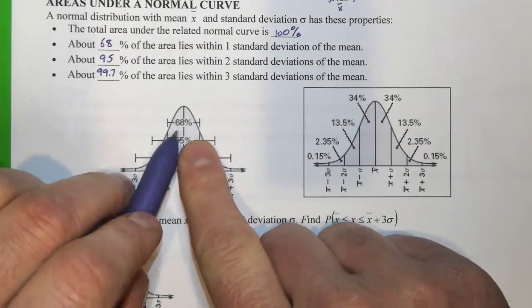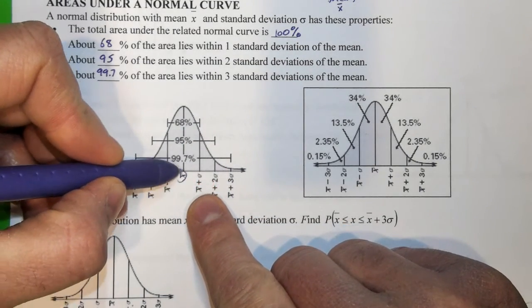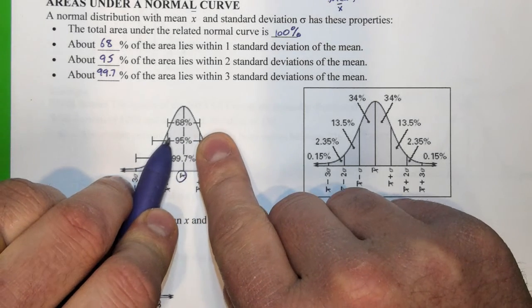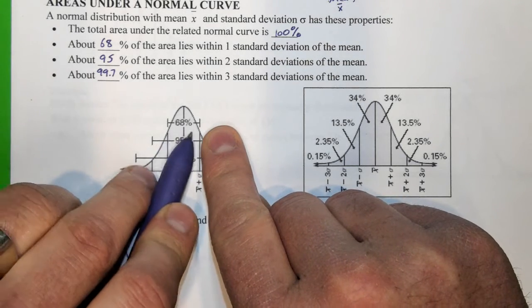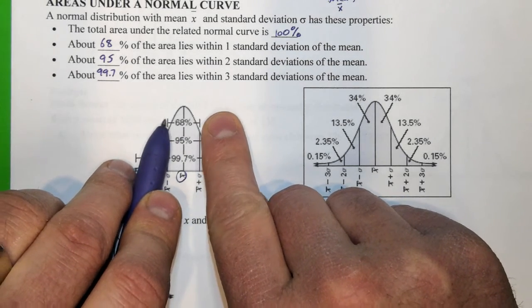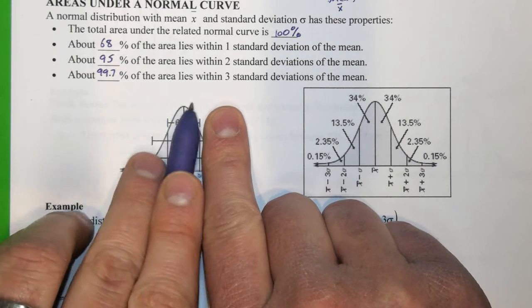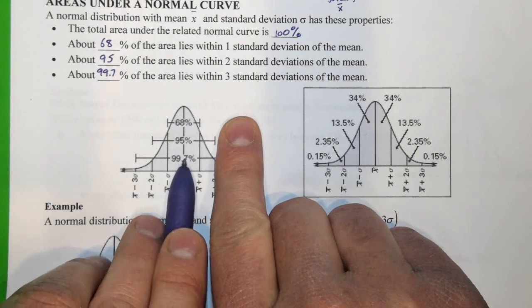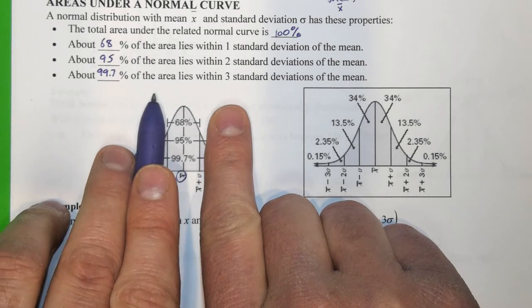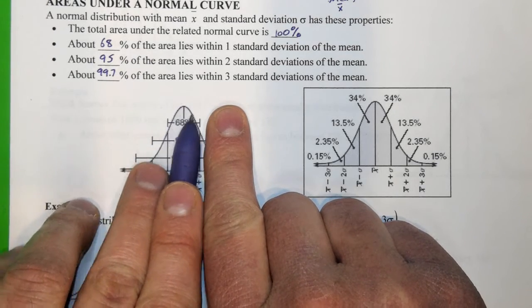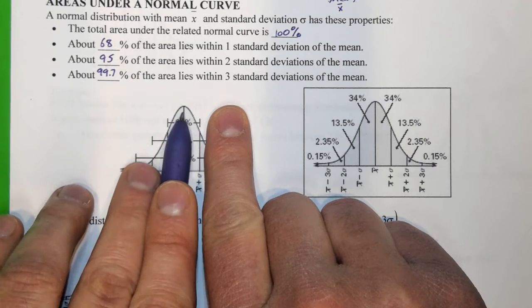If you start here in the middle with your mean and you travel one standard deviation out to the right and to the left, that standard deviation will create an interval of people, and that will be at the highest part of the graph. 68% of the population will live within one standard deviation in this high peak portion of the graph.